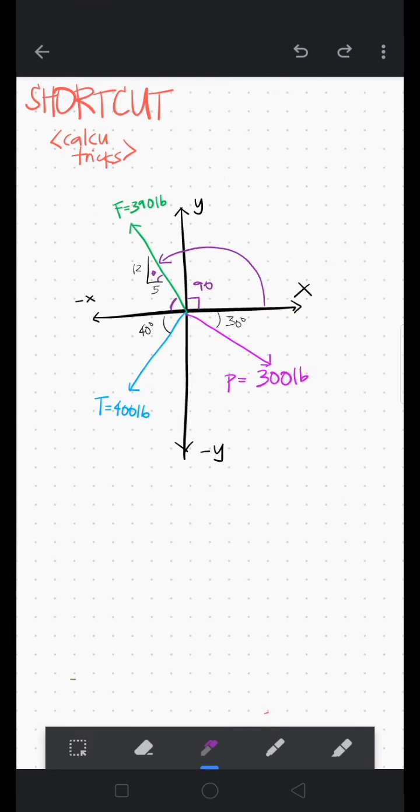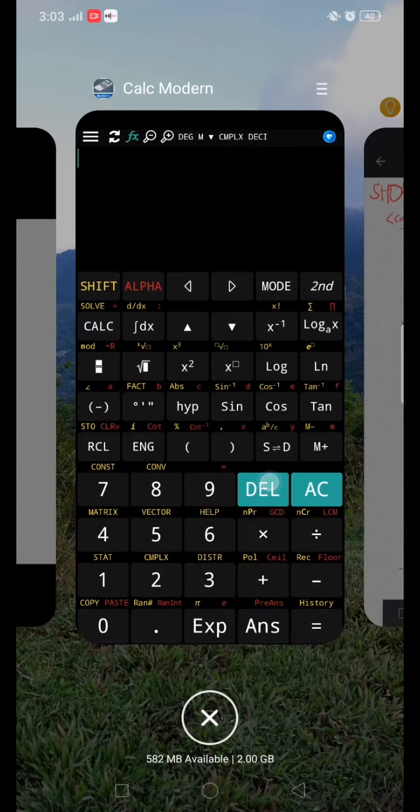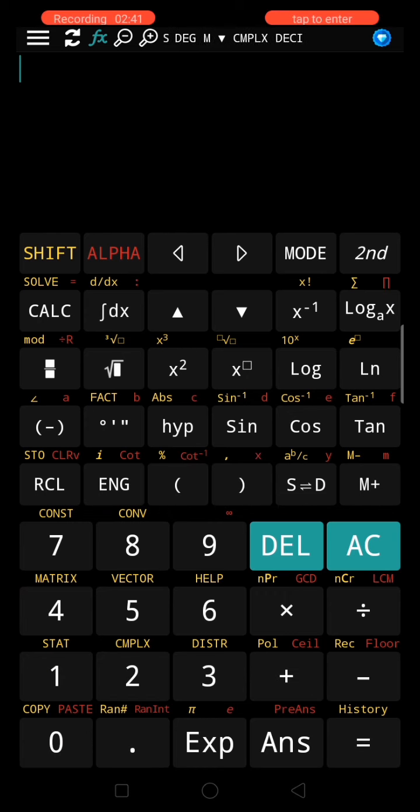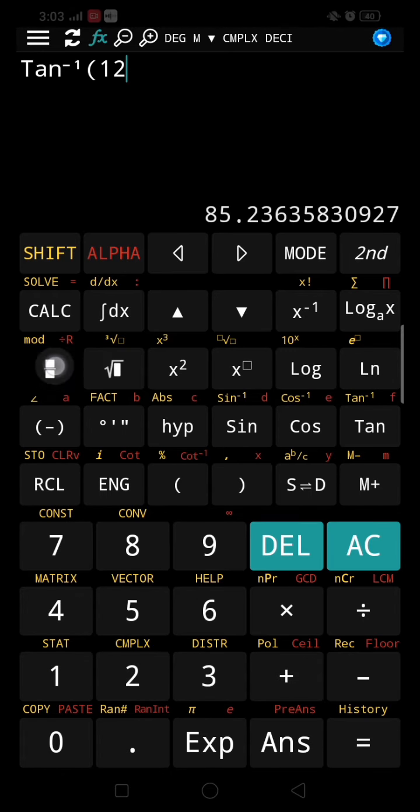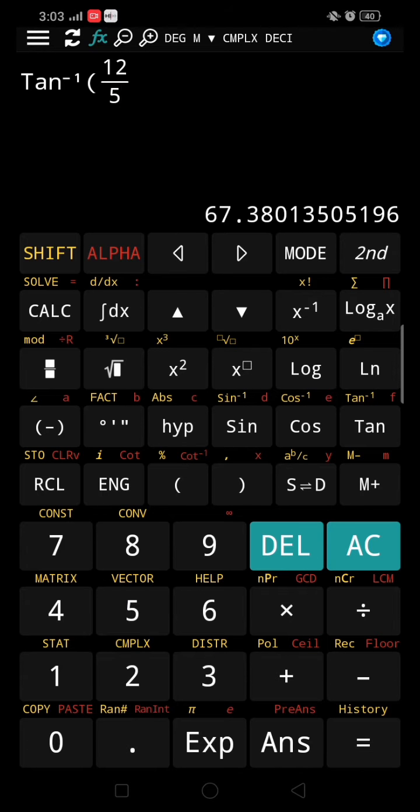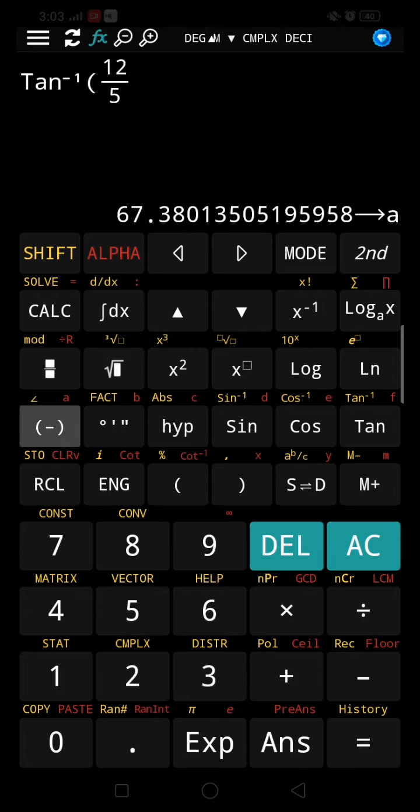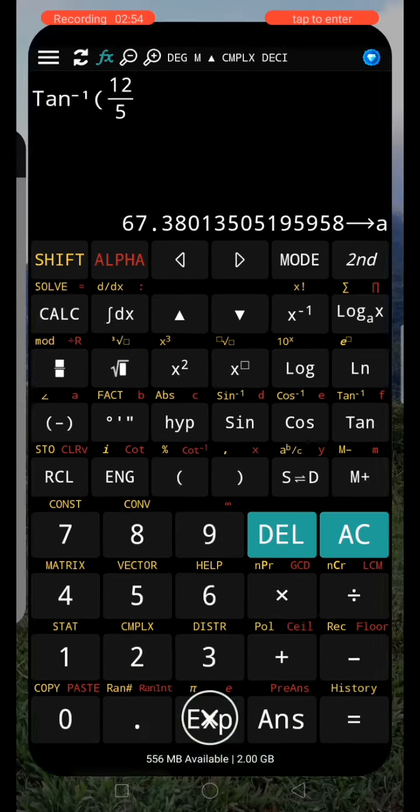So let's do that. The arctangent of 12 over 5 is going to be equal to 67.38 degrees.